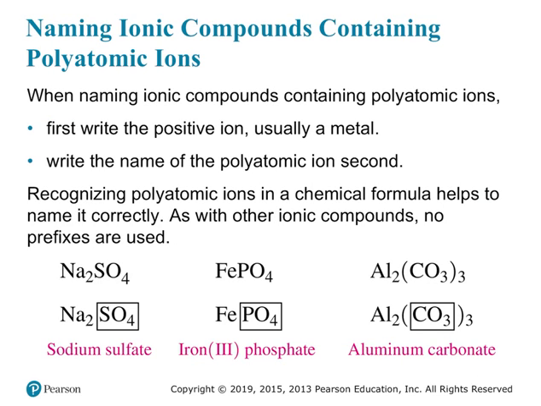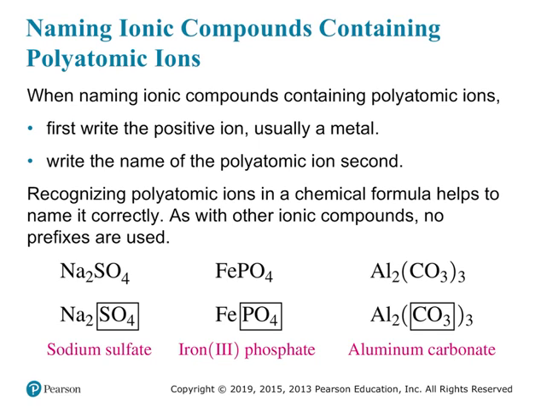Now, again, when you're naming ionic compounds, we always start with the metal followed by the nonmetal. But what if we have a polyatomic ion? So we're still going to write the first ion and its name, and we're not going to change it.